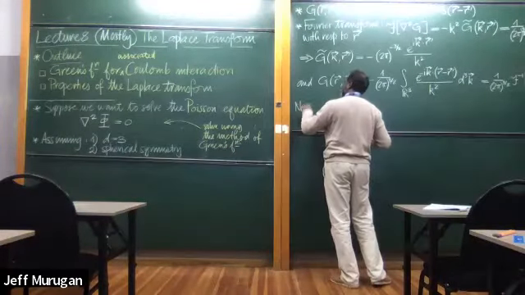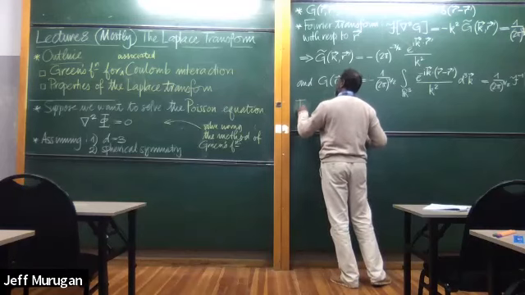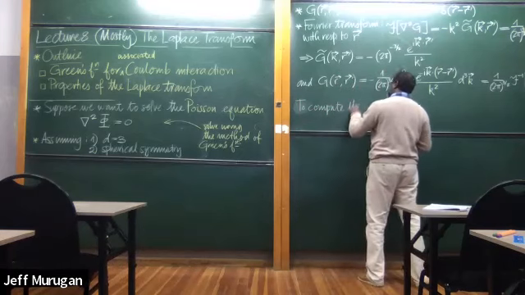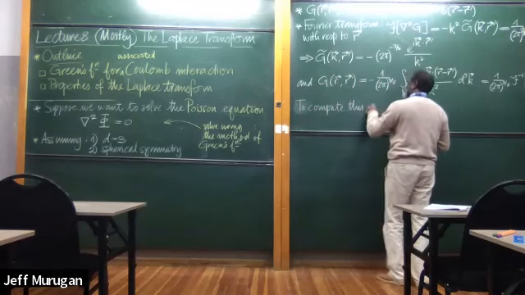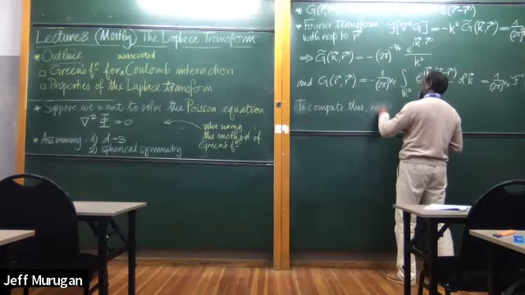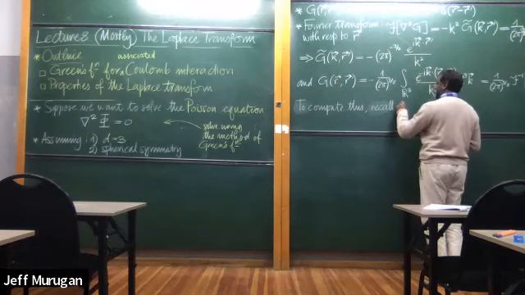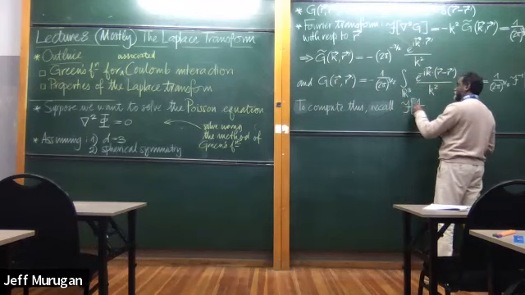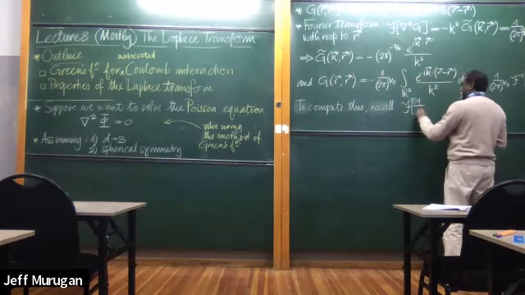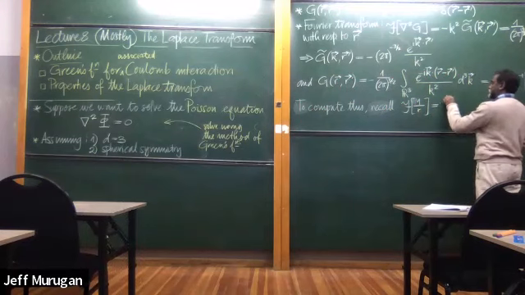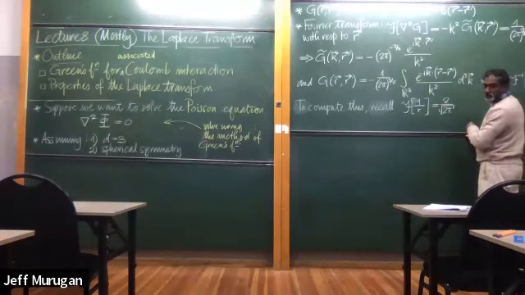So to compute this, we'll recall that the Fourier transform of 1 over r was 2 over the square root of 2π times 1 over k squared.